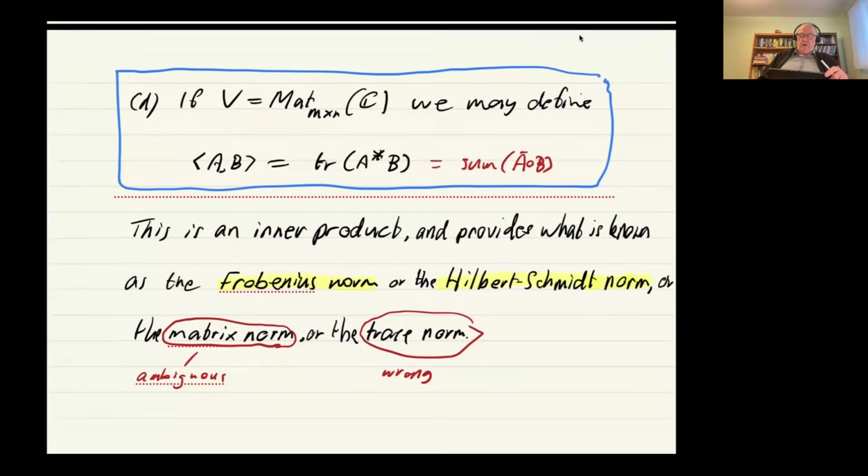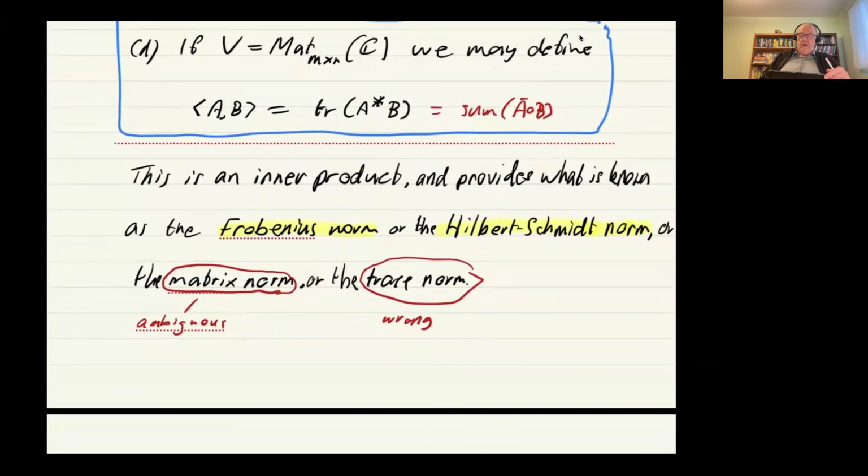This is the norm we're using. The only problem is what to call it. It can be called the Frobenius norm, or the Hilbert-Schmidt norm, or the matrix norm, which is a bit ambiguous because there's lots of norms for matrices, or it could be called the trace norm, and I tend to do that sometimes too. The problem is that the trace norm is wrong because trace norm has got another meaning.